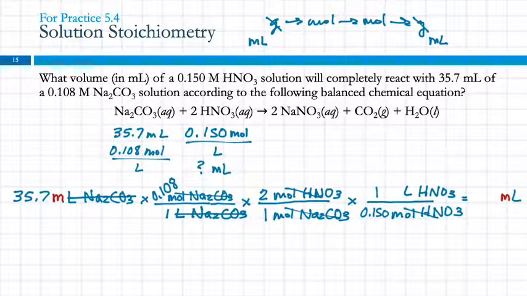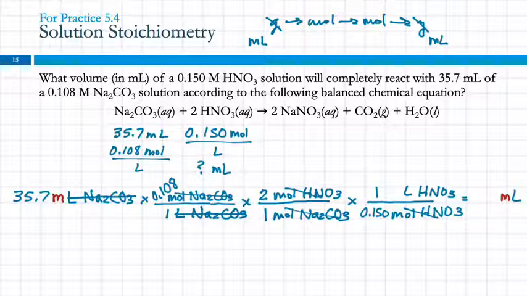Now, what's faster about this than grams to moles to grams? Did I need to calculate any molar masses? No. The concentrations are given to me. I just have to put them in.